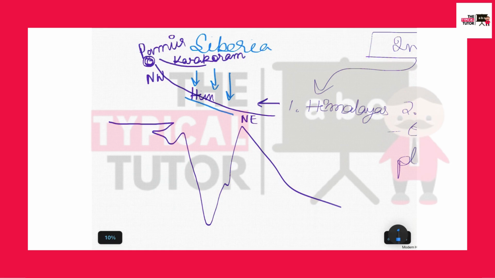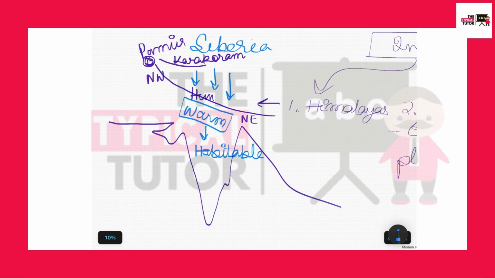Hence, the northern part of India, just after the Himalayas, has a comparatively warm climate, making it habitable. So you find a lot of settlement here, and historically a lot of wars have been fought in order to gain control over this part of the subcontinent.